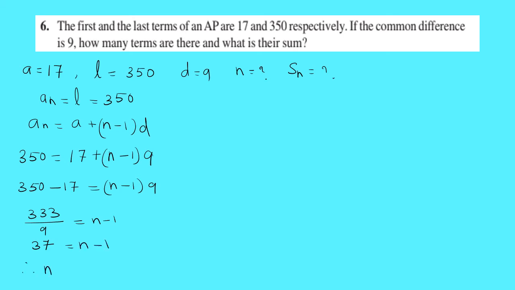Therefore, n equal to 37 plus 1, n equal to 38. So you are getting n as 38.